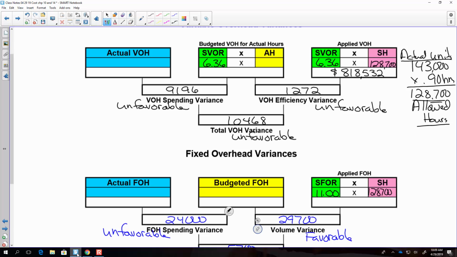So, Liz, now that I know this number, and I know the direction of the variance, what must this box be then? It's unfavorable. Is that box bigger than or smaller than? 819,804.